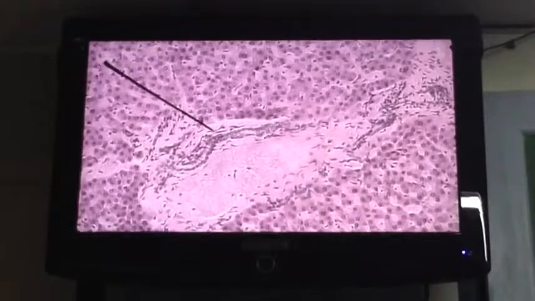And there are 3 structures that can be seen there. Namely, a vein, an artery, and a bile duct.